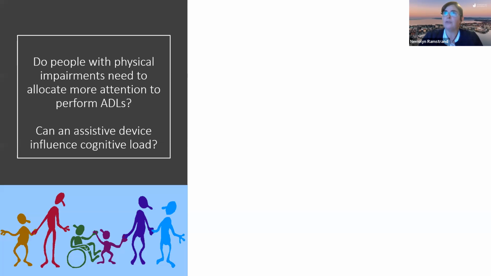So can we use prosthetic and orthotic devices to decrease the attentional demand an activity requires, and in doing so, free up some attentional capacity for that individual to be able to do other things, walk and talk, walk and look out for obstacles so that they don't fall.